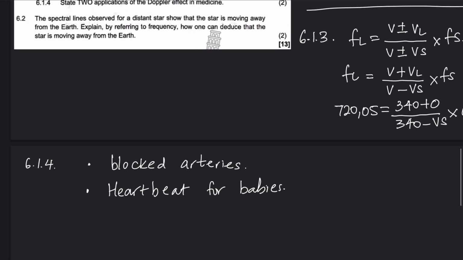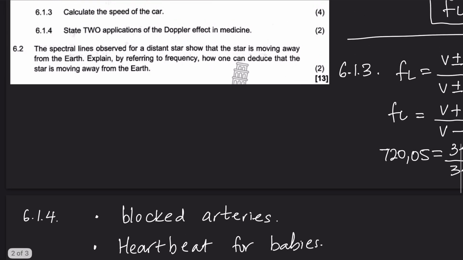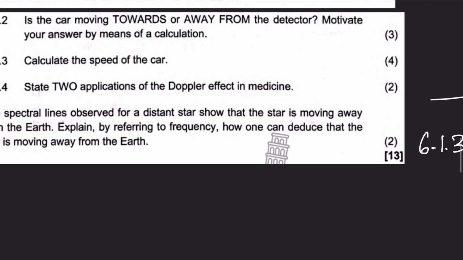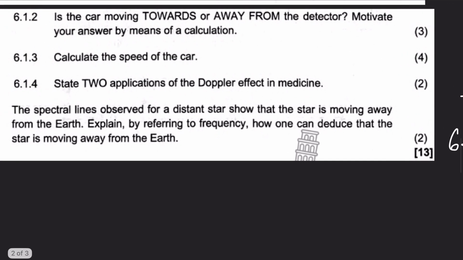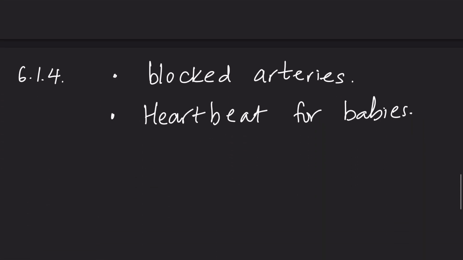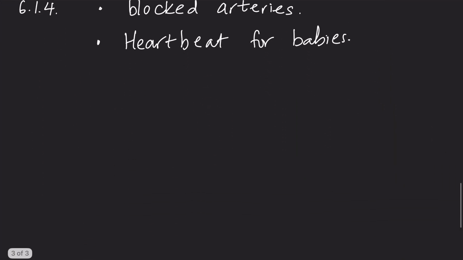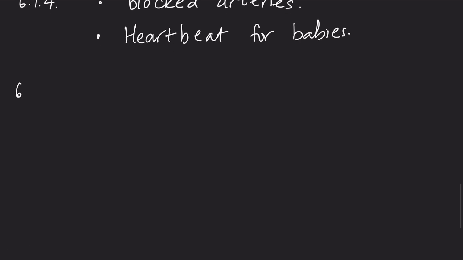Question 6.2. The spectral lines observed for a distant star show that the star is moving away from Earth. Explain by referring to frequency how one can deduce that the star is moving away from Earth. Okay, so let's understand what's happening here. Let's go with our colors first.